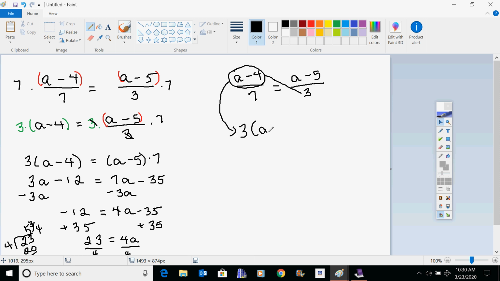3 times a minus 4. And that equals whatever is here times whatever is here, equals 7 times a minus 5. Now in this way you really have done the same thing to both sides of the equals.